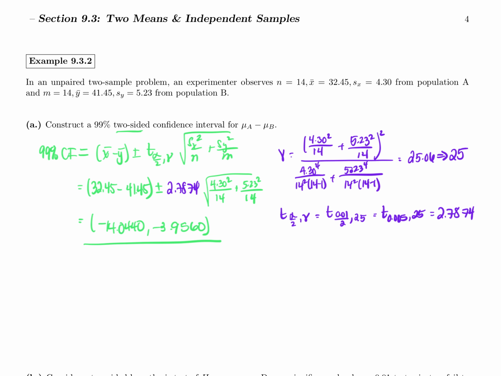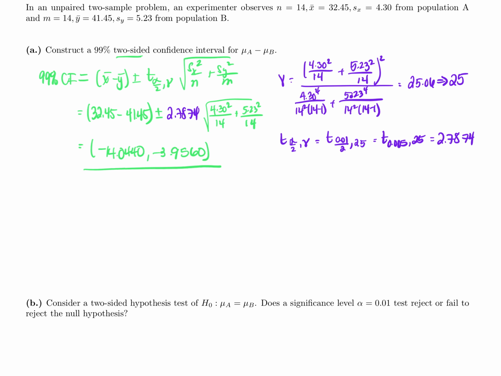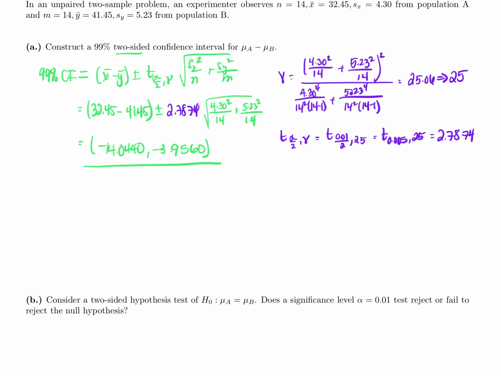First of all, is 0 in this interval? The answer is no, which means it's not a plausible value, so we would reject our null. The null and alternative hypotheses always relate to 0, well, probably 99.9% of the time.